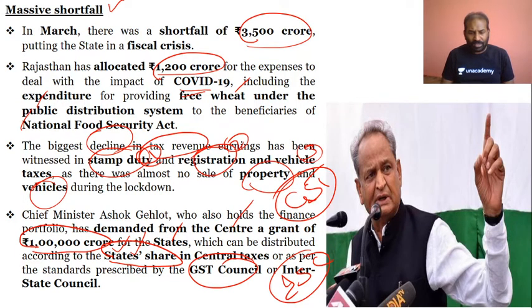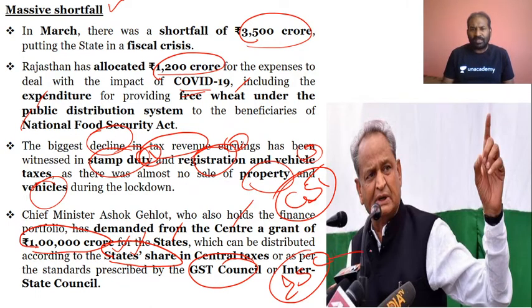So because of that, the Rajasthan Chief Minister Ashok Gehlot is demanding from the center grants of 1 lakh crore rupees to the states on behalf of the state share in central taxes, as per the standards prescribed in the GST council and interstate councils.